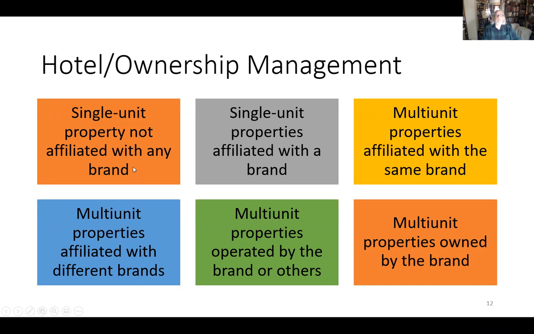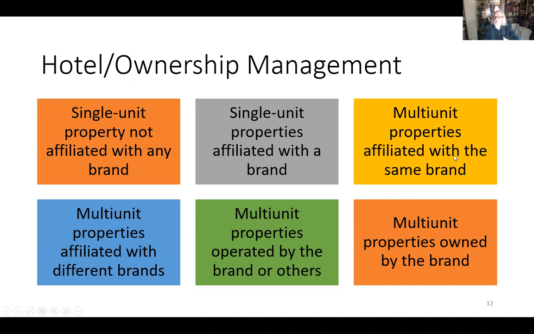So it's a single unit property and it's a brand unto itself. Or it's a single unit property that is affiliated with a brand, and they have signed a contract with them, become a franchise operation, meeting the standards of the other properties and so forth. And it would have such and such a property on their sign.